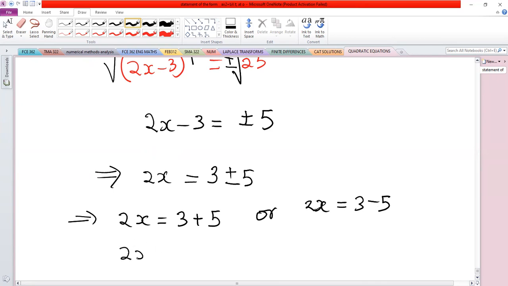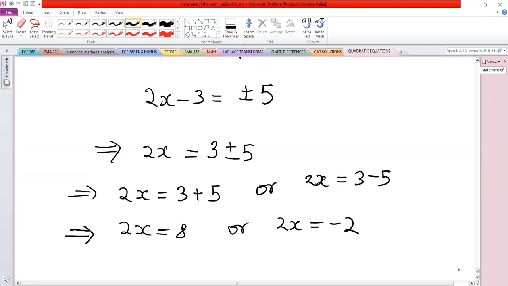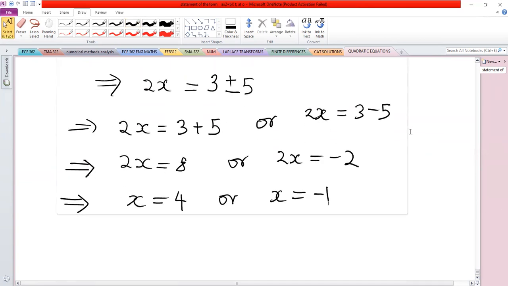Now 2x equals 8, or 2x equals minus 2, which means x equals 4, or x equals minus 1. So those are the solutions to that given question.